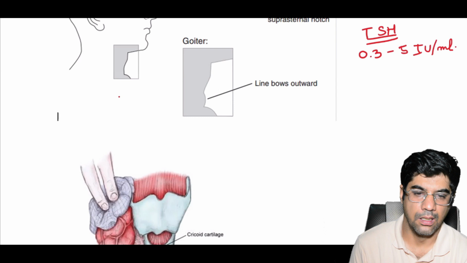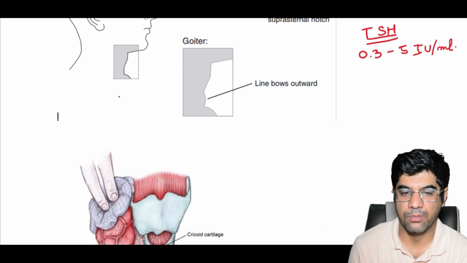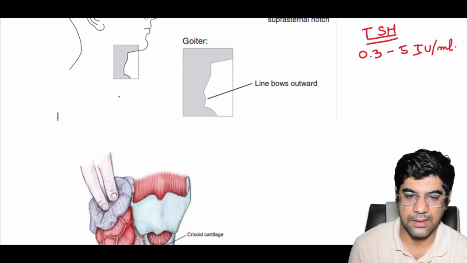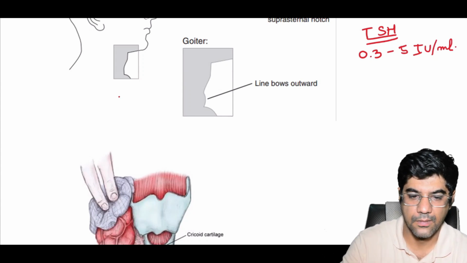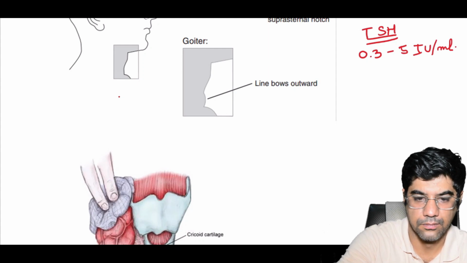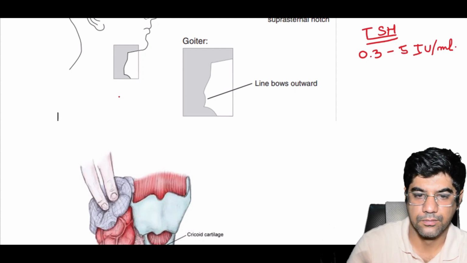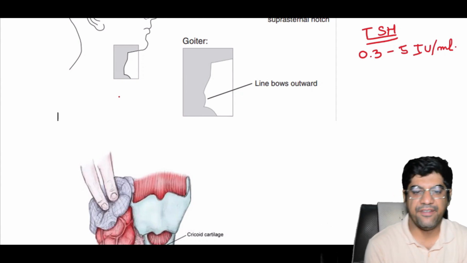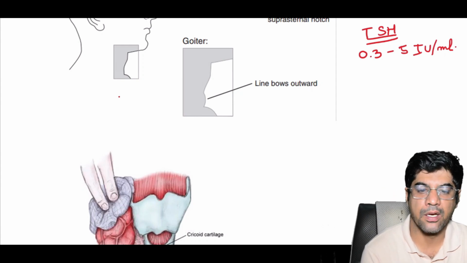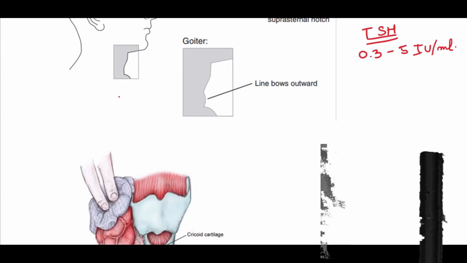The patient may complain of dyspnea, that is difficulty in breathing. The cause could be small goiter with rapid growth, or anaplastic carcinoma that is infiltrating the trachea. So the dyspnea, remember, can be caused by a compression of trachea, particularly in retrosternal goiter or the rapid growth malignancy.